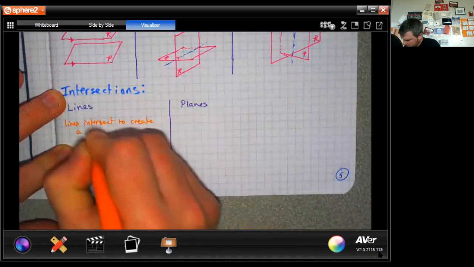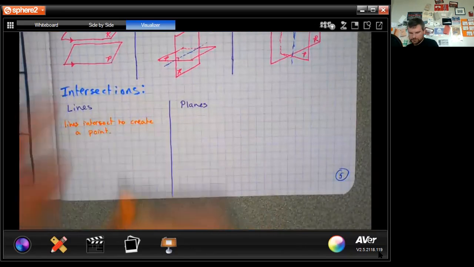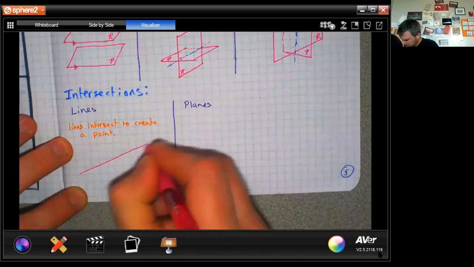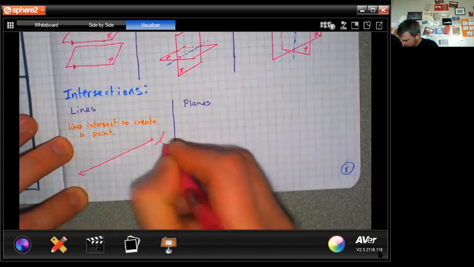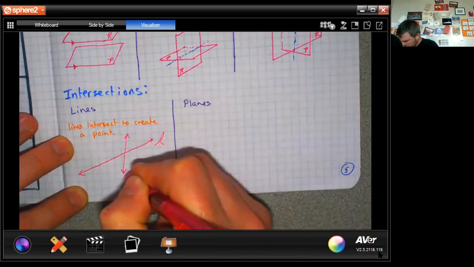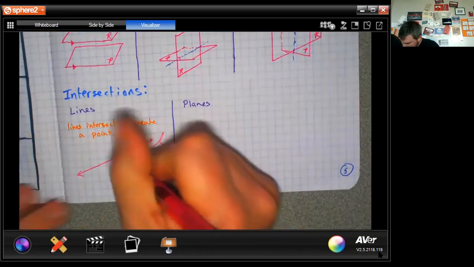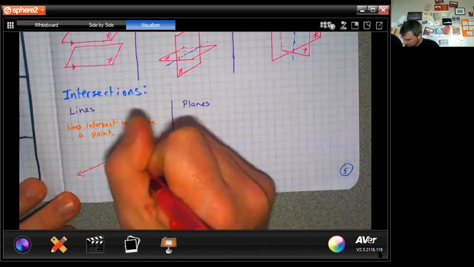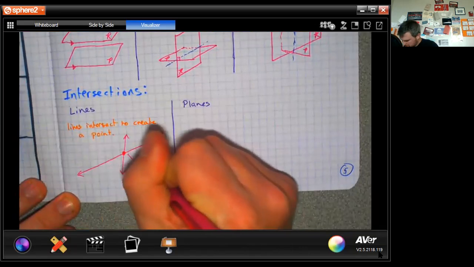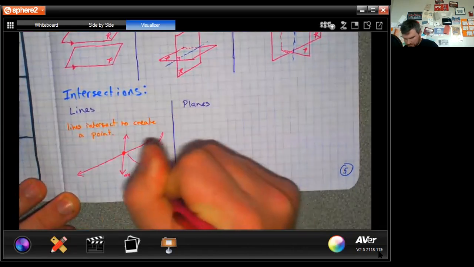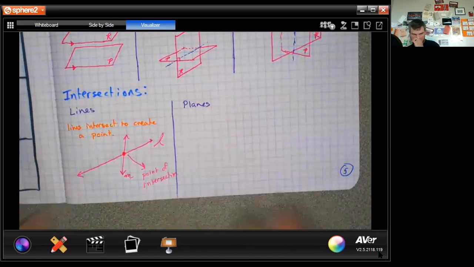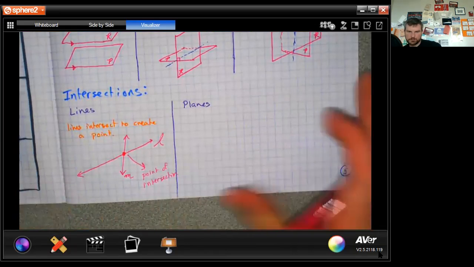Okay, so if we have, let's say, line L, and it intersects with line M, you have this newly created point right here, and we call that the point of intersection. Okay, that is our point of intersection.